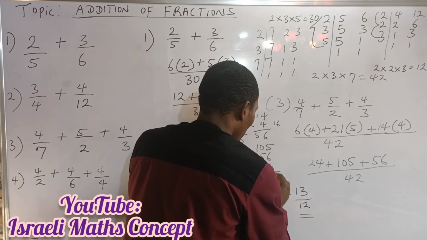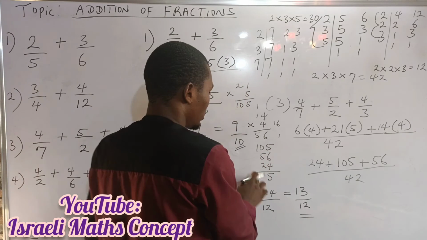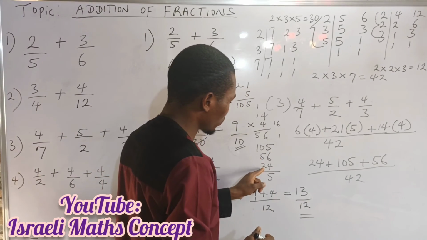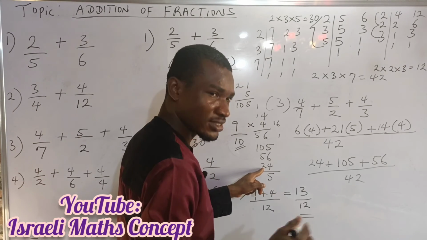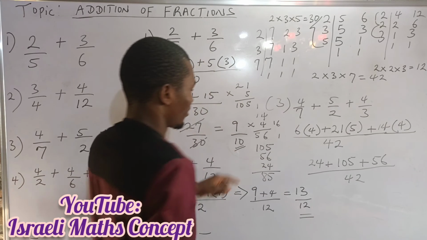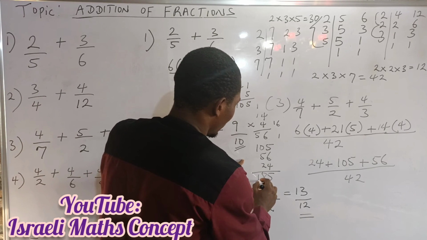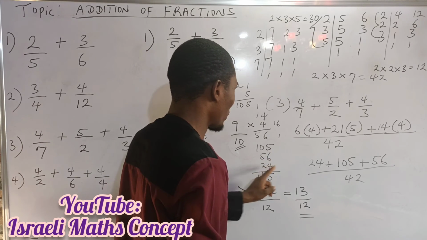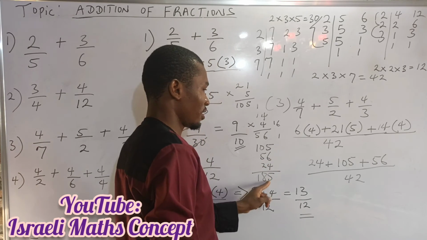So we write 5 and borrow that 1. Then 0 plus 5 will give us 5, and 5 plus 2 will give us 7, and 7 plus the 1 we borrowed will give us 8. Then we are left with 1. So 105 plus 56 plus 24 will give us 185.